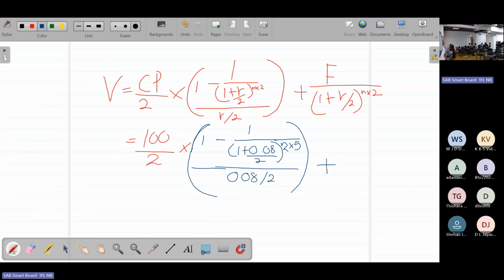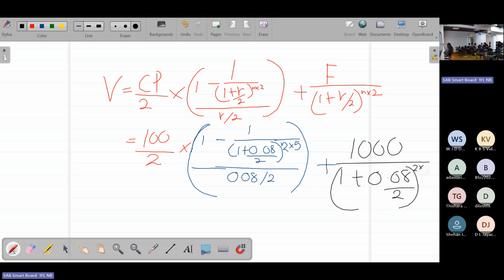Plus present value of the face value 1000 divided by 1 plus 0.08 divided by 2, to the power 2 multiplied by 5. It's 50 multiplied by 8.11.